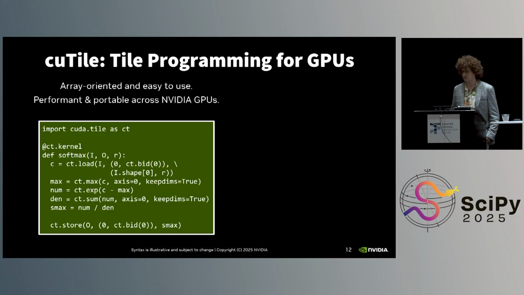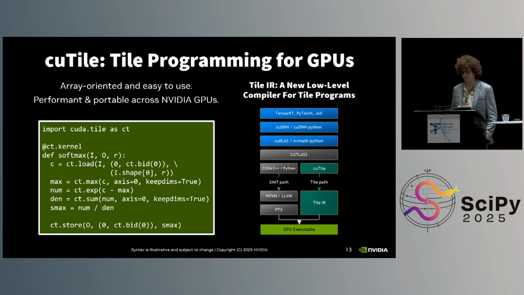We've recently announced cuTile, which is a tile-based kernel programming model for NVIDIA GPUs. It is higher level and array-based, and it automates block-level parallelism and memory movement. We've built it to simplify GPU programming and to improve portability for new hardware features like tensor cores.